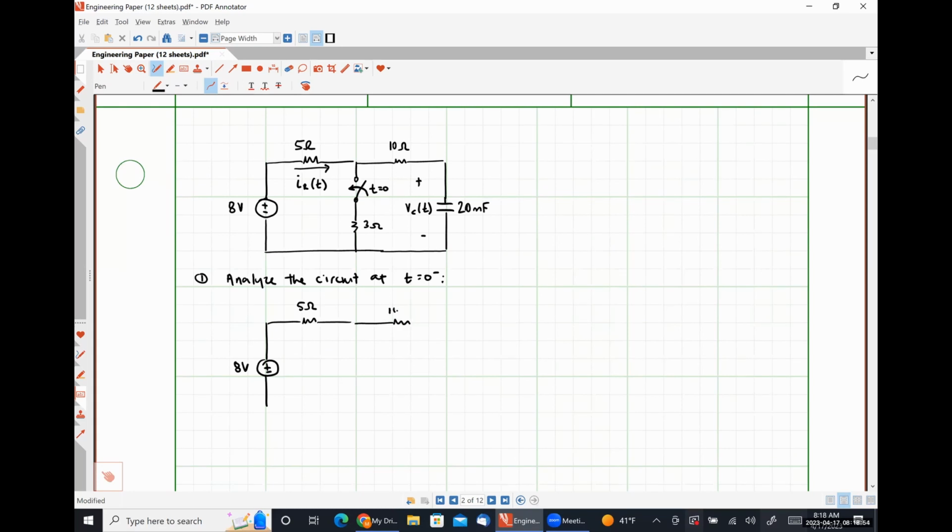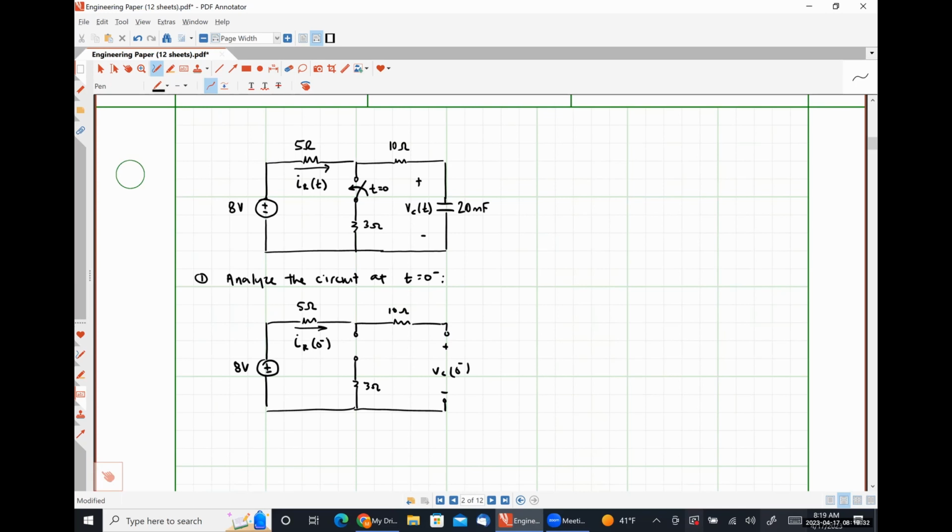Here's our 10-ohm resistor. This open circuit represents our capacitor. Sorry, this should be 0 minus. Our switch is open. And here is our current IR of 0 minus.